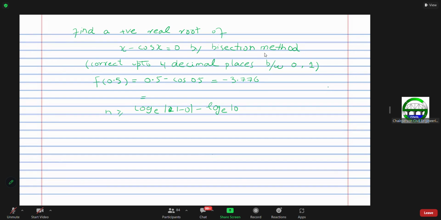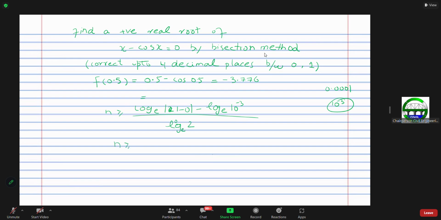So 4 decimal places means 0.0001, right? So it is equal to 10 raised to the power minus 3. So 10 raised to the power minus 3, divided by log of e into 2.